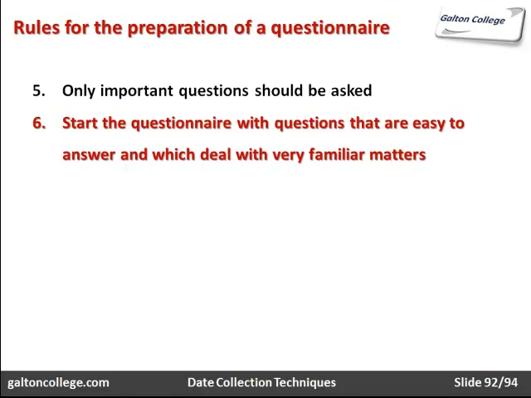Try to deal with familiar matters, ones where the respondent knows what the information is. They've had experience of it, or they're in the position to answer the question. So start the questionnaire with questions that are easy to answer and deal with familiar ones.